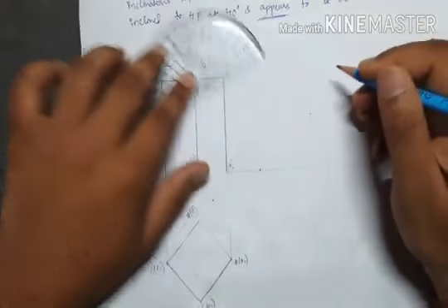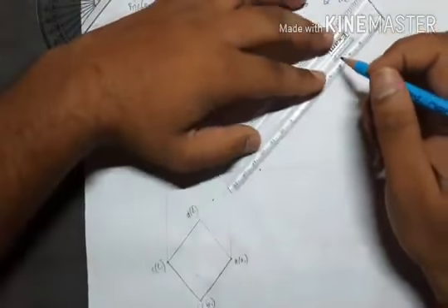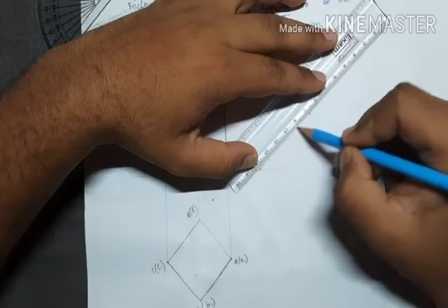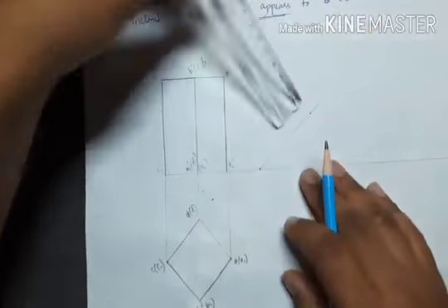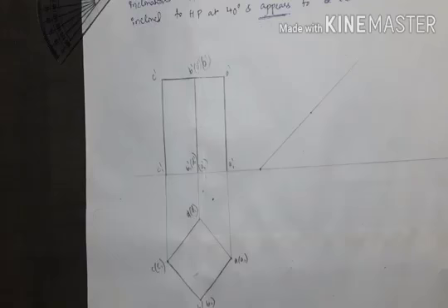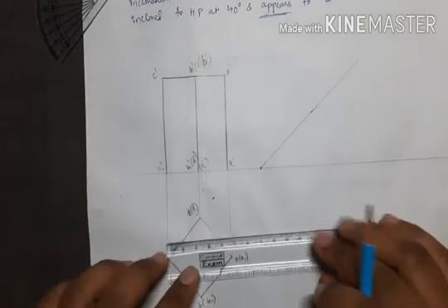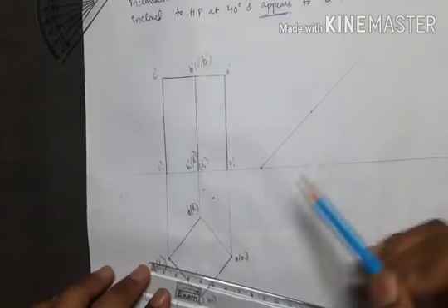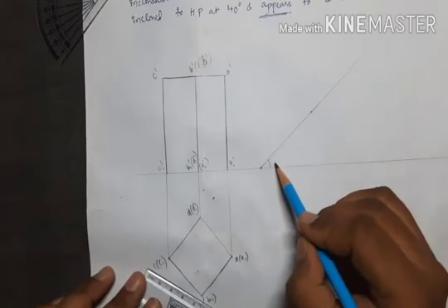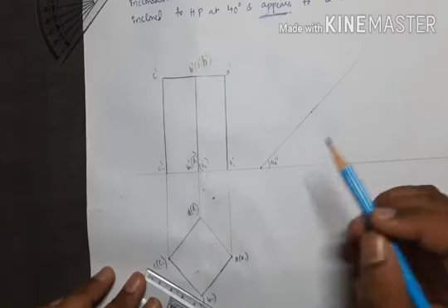I have taken a point, mark 40, draw a random line of any length. Okay, how to transfer this same view with axis inclined at 40 degrees to HP.